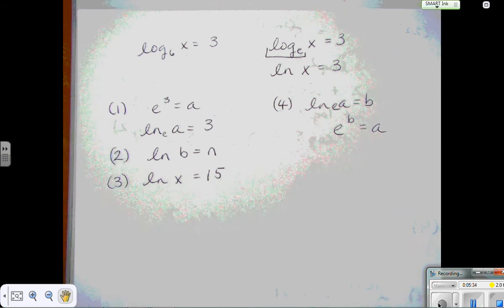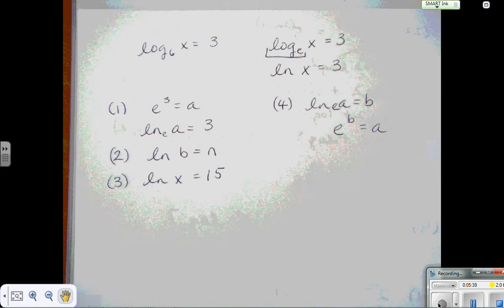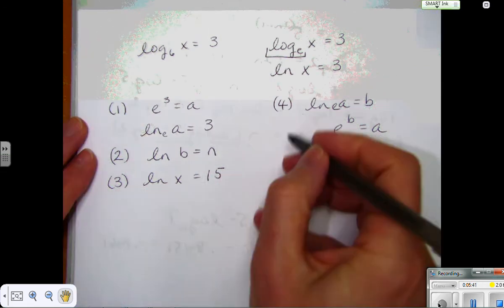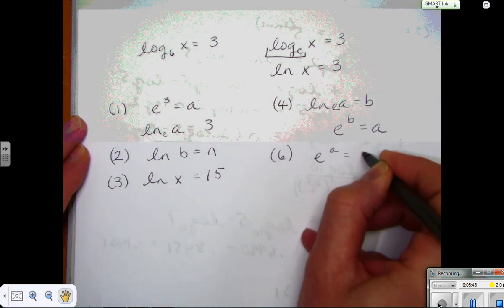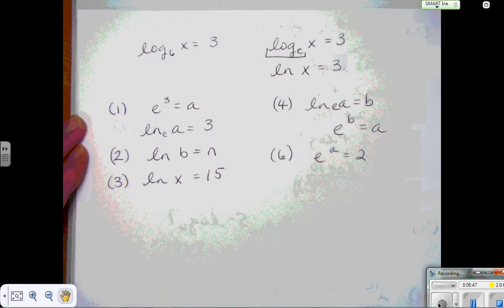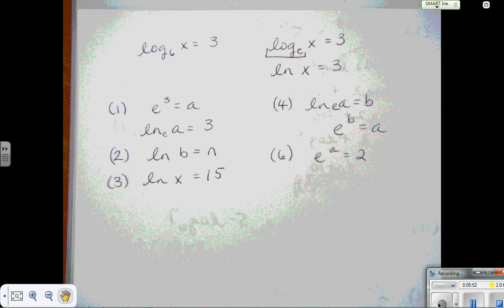Okay, so number 5 is a typo, so we're not going to worry about number 5, but go ahead and rewrite number 6, and I'll rewrite it up here. e to the a equals 2. Any questions?